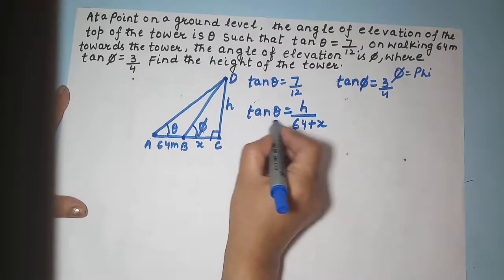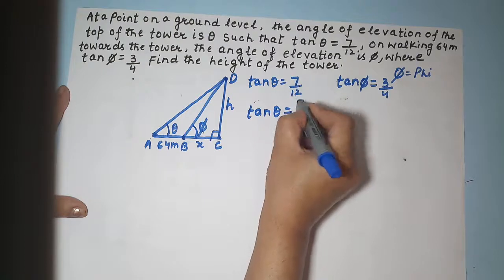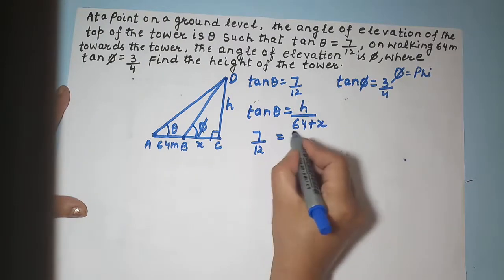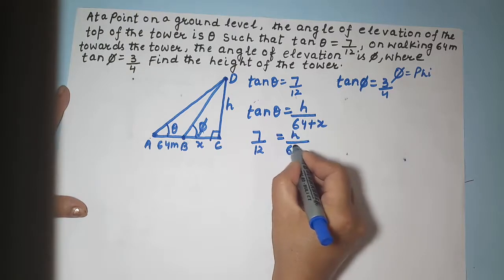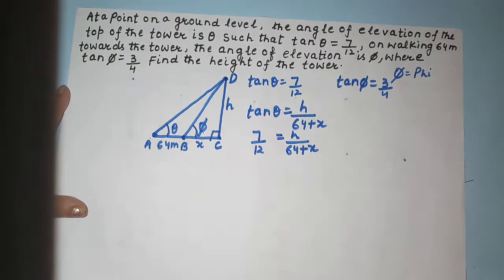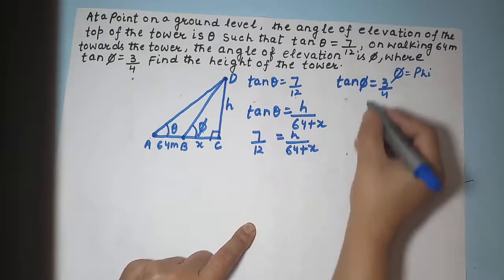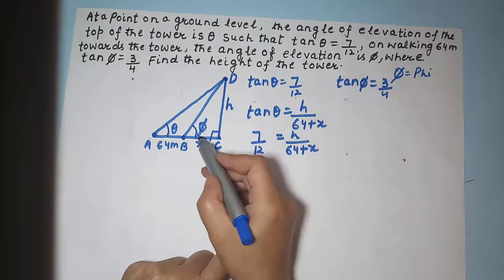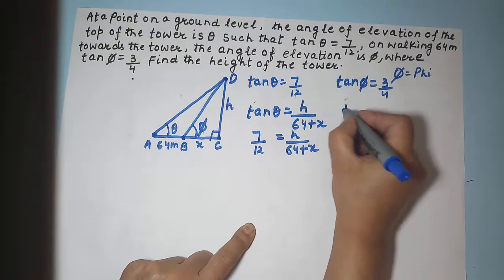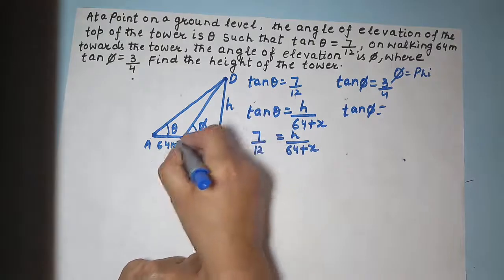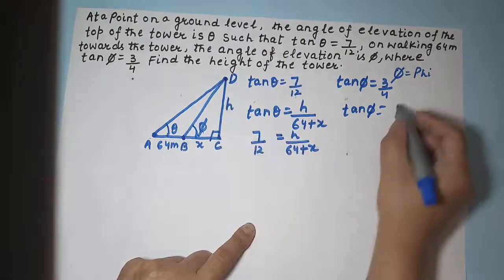Now I am given the value of tan theta as 7 upon 12. So I will replace this as 7 upon 12 is equal to h upon 64 plus x. Now what will I do? I will cross multiply or keep it as it is. Let me first go here. I have tan phi. Okay, how do I write tan phi? For that, which triangle I have to take? DCB, right? So what is tan phi?